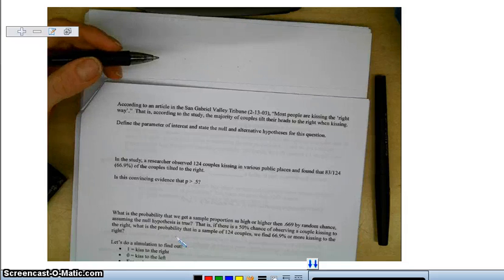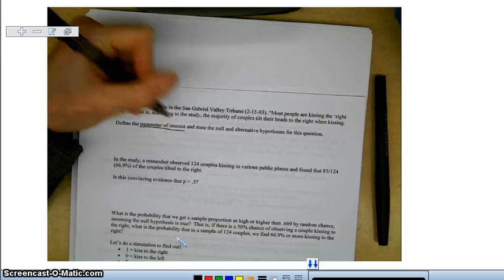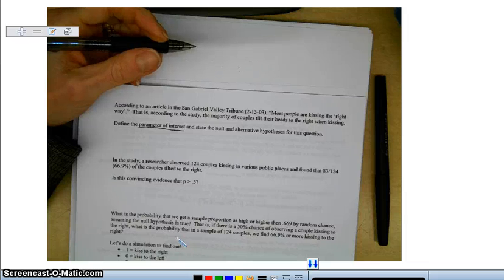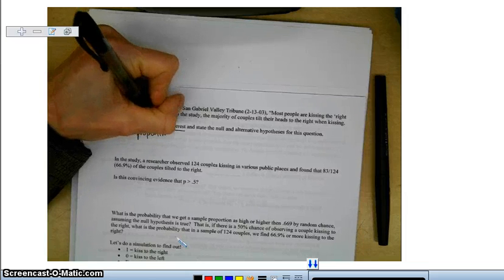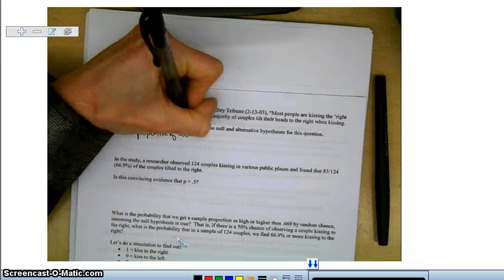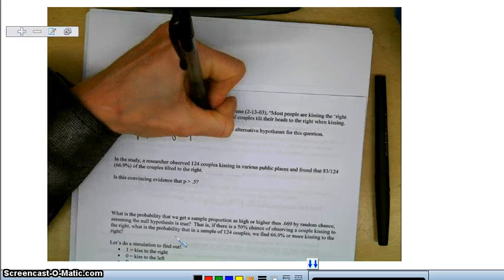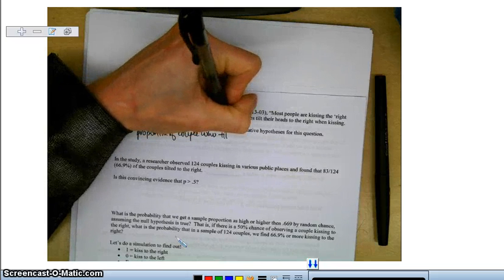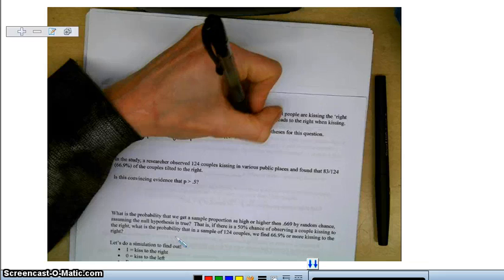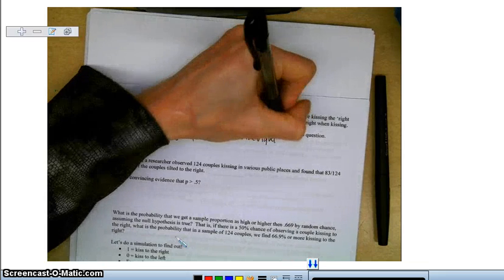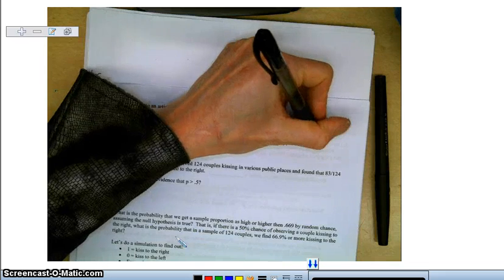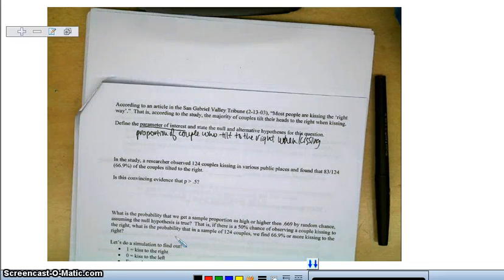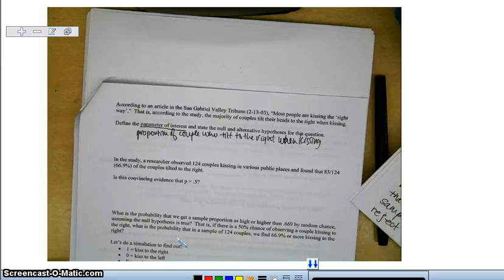So the parameter of interest would be the proportion of couples who tilt to the right when kissing. So that's the parameter of interest, the proportion of couples who tilt their head to the right when kissing.